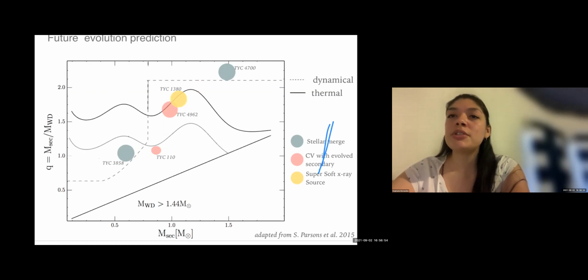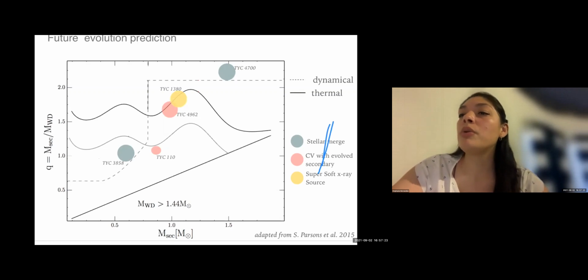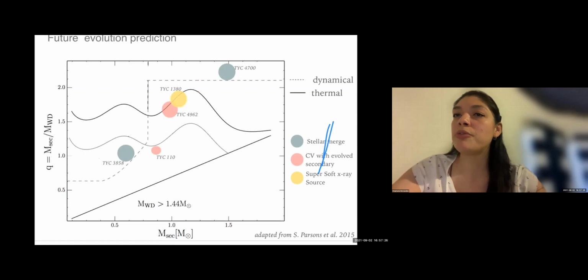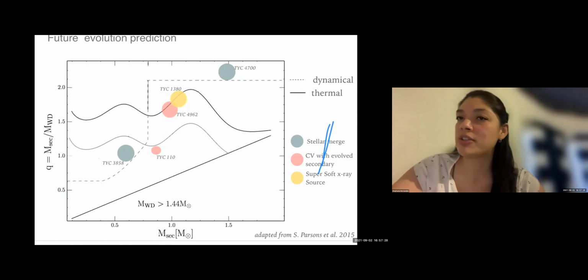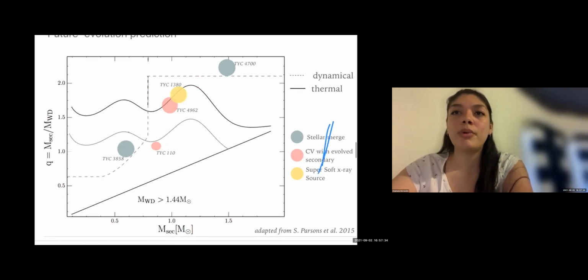In these binaries, the secondary star will not become fully convective, and the mass transfer will not stop even during the 2 to 3 hour orbital period gap. And the last system that I observed will probably enter into a supersoft phase, but will not reach the Chandrasekhar mass to explode as a supernova. So it will evolve into a cataclysmic variable.